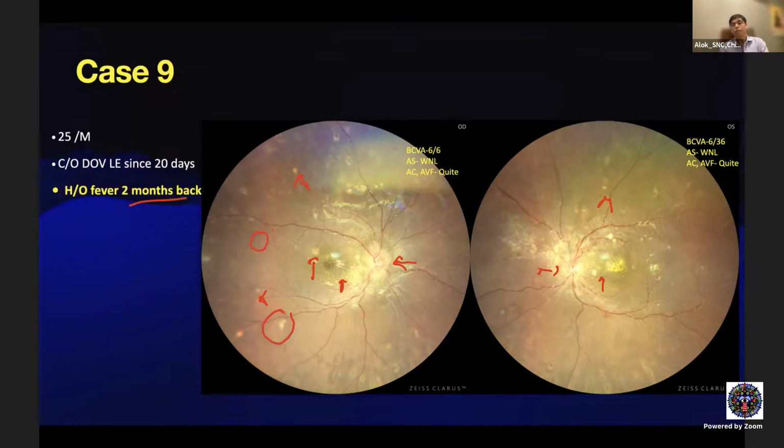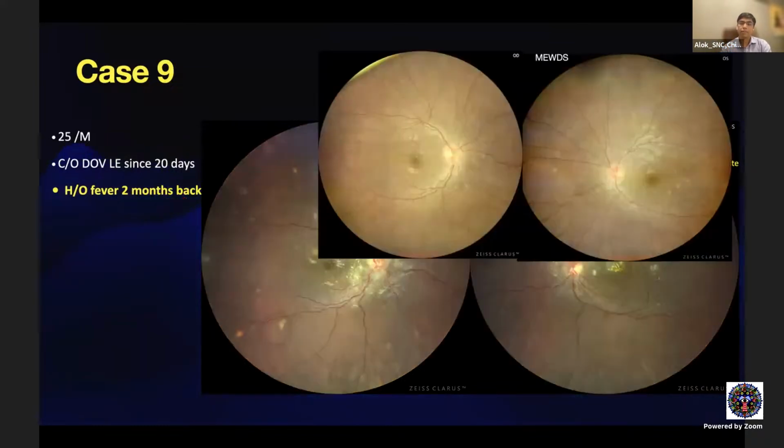Now, this patient was shown to me as a case of post-fever retinitis, which was resolving. Essentially, because they had the lesions in the posterior pole, which were deep retinal, they were mistaken as choroiditis, and the lesions which were like this cotton wool spot in the supratemporal arcade in the right eye were mistaken as retinitis.